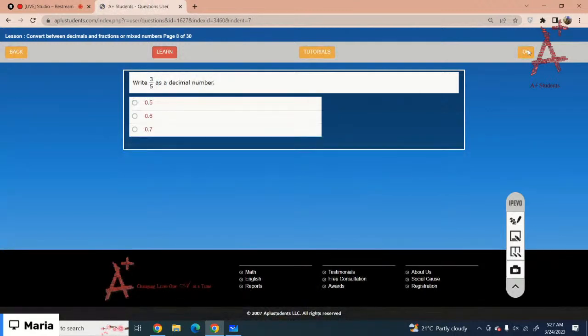Okay, the next one is write 3 over 5 as a decimal number.